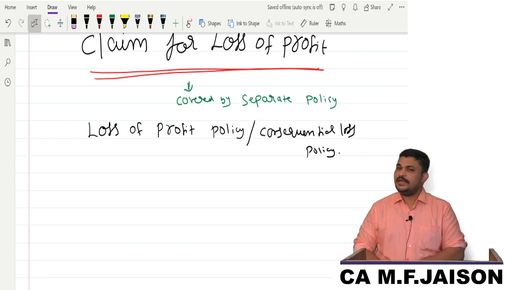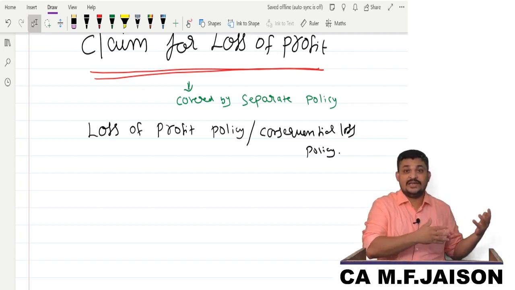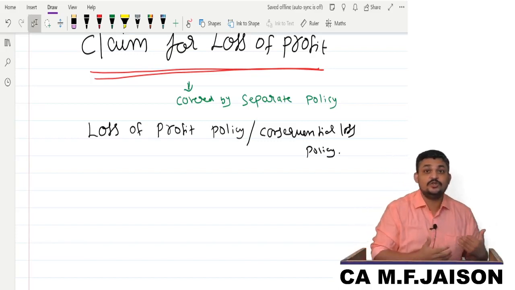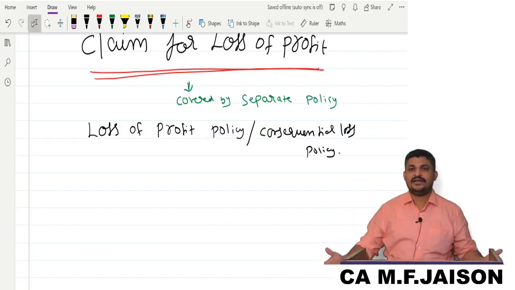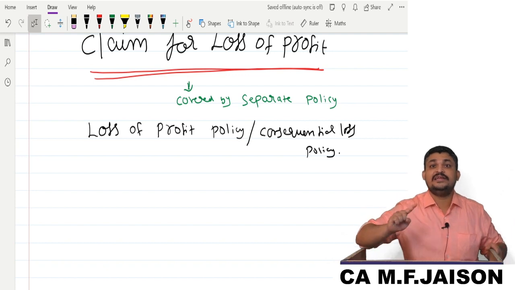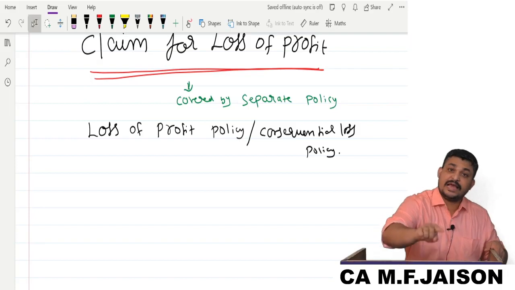So the point is that maybe the salesman would have been seriously impacted by the fire accident. They got injured. Maybe the machinery, the furniture, the building, stock loss. There could be so many reasons, but all these reasons lead to one single factor called loss in sales, and thereby you lose profit.